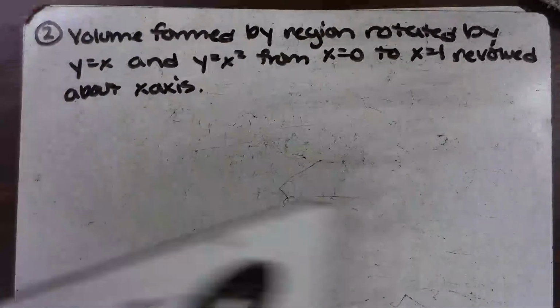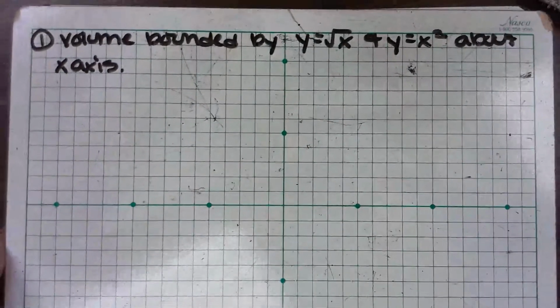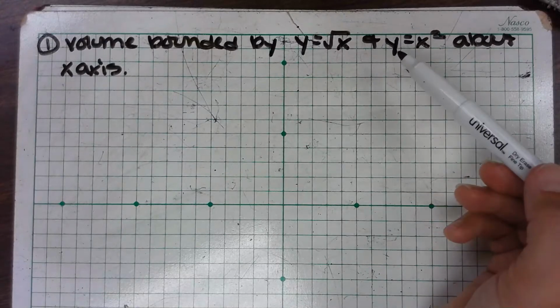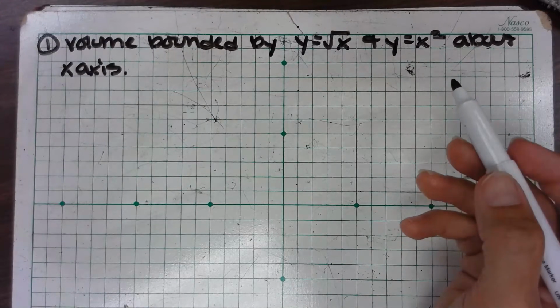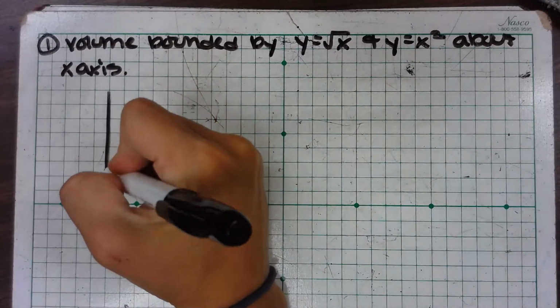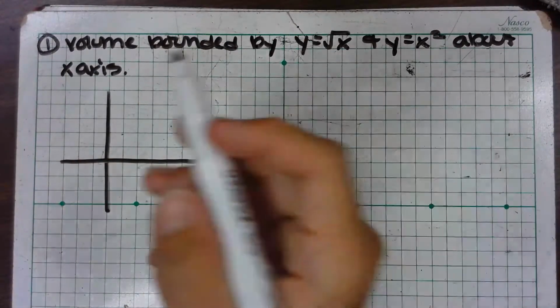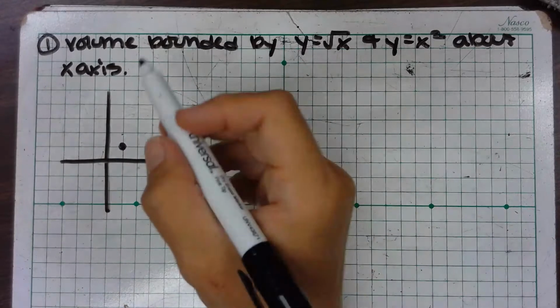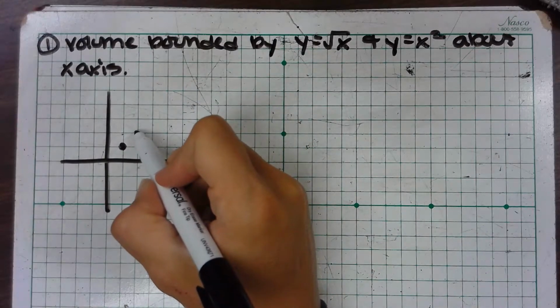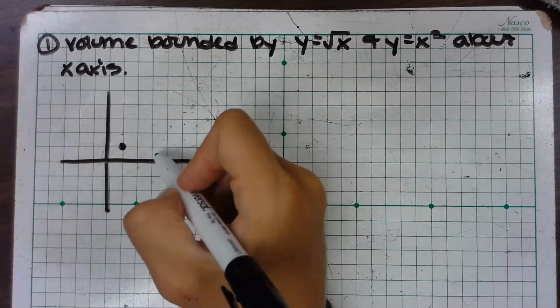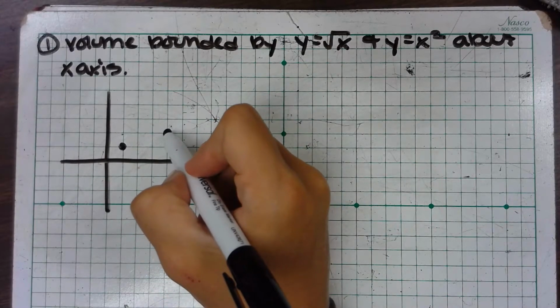All right, so let's look at number 1. We want the volume bounded by the square root of x and y equals x squared. So if we're looking at that right there, here the square root of x would be 1. At 4 it's at 2, so I'll do that.